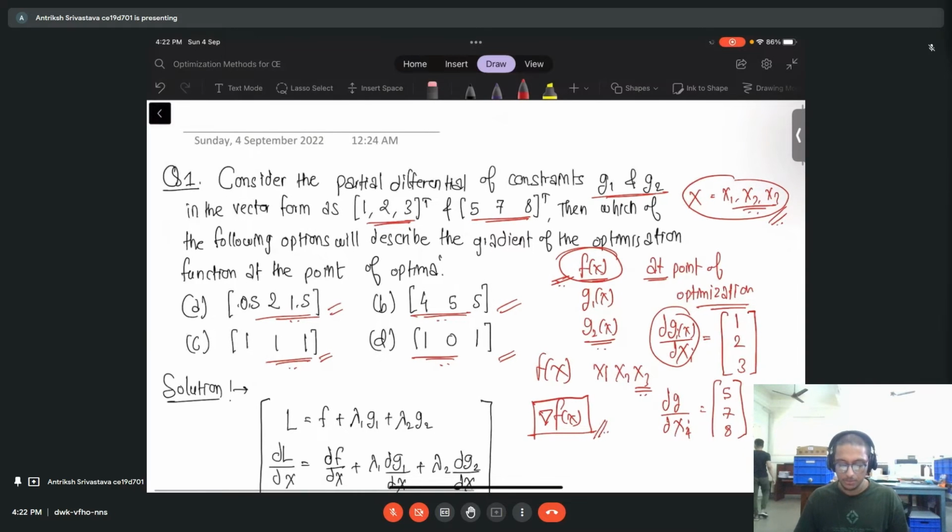Can you tell me which one is going to be the gradient? Option A. Okay, how do you say option A? This is 0.5, this is 2, and this is 1.5.